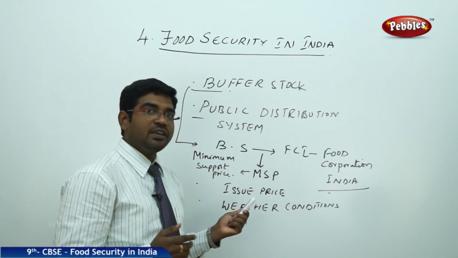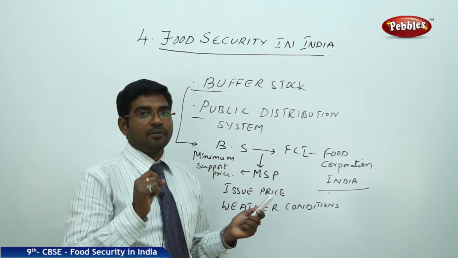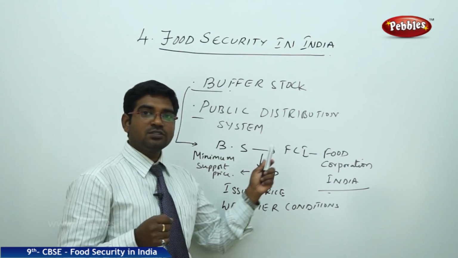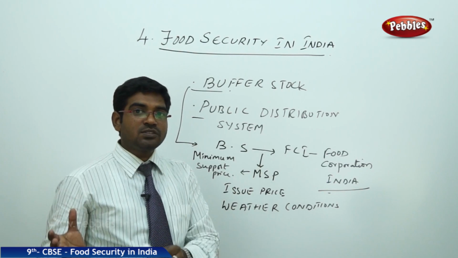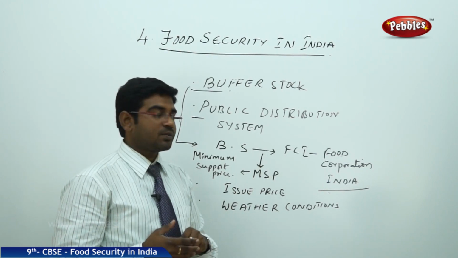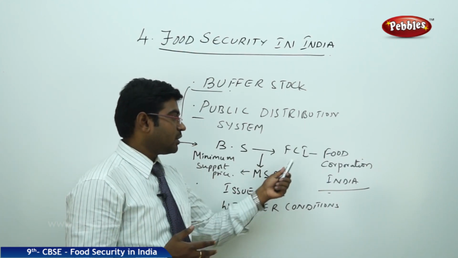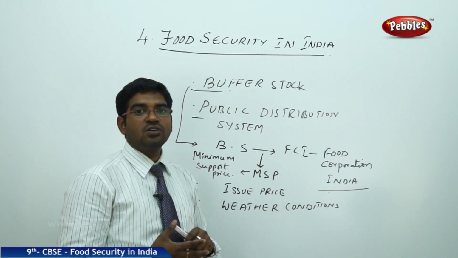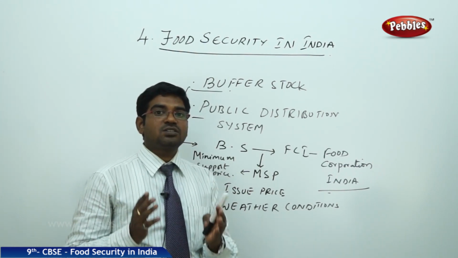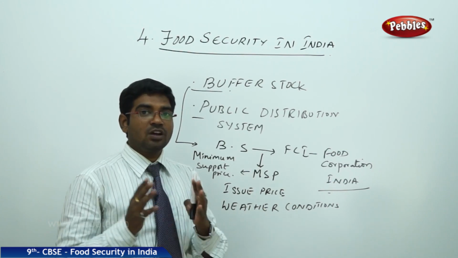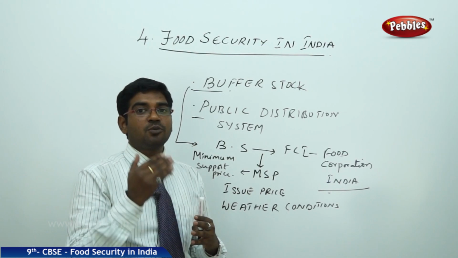This MSP is a predetermined price of the crop per quintal, and the government through FCI collects the wheat and rice and stores them as buffer stock in the godowns of FCI. So buffer stock is nothing but extra storage by the Government of India, paying the farmers the minimum support price.